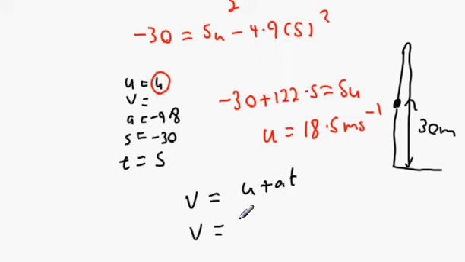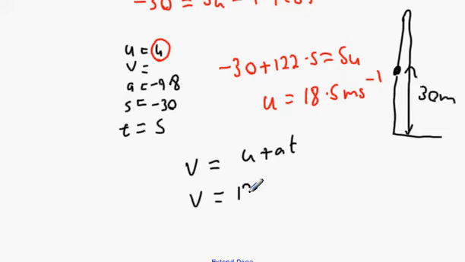Okay, we'll see. u equals 18.5 and at is minus 9.8 times 5. I do believe we're going to get negative. Okay. We are going to get an answer of minus 30.5 velocity.